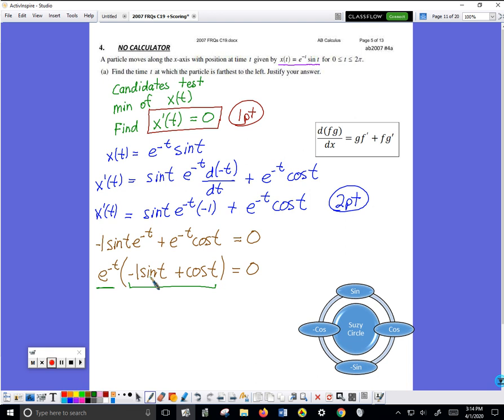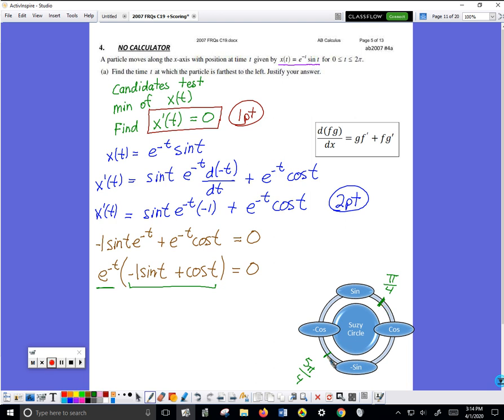If you remember the unit circle again, that occurs here at pi over 4, and again here at 5 pi over 4. At this spot, the sine and cosine are both equal to root 2 over 2.